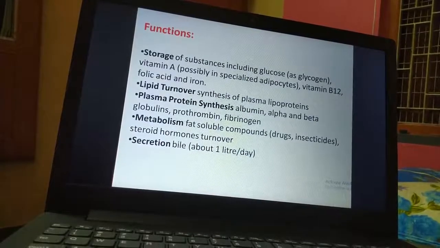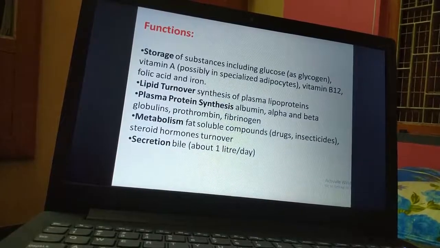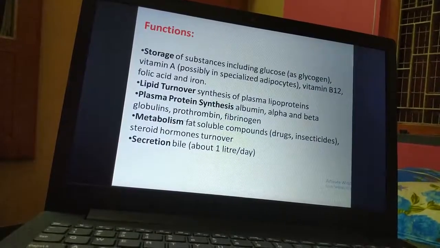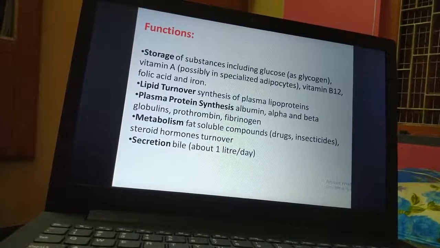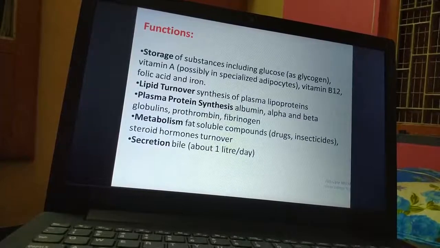Then fat soluble compounds, drugs, insecticides, and steroid hormones are also metabolized in the liver. And obviously bile is the major secreted fluid. Nearly 1 to 1.5 liters per day is secreted from the liver as bile.